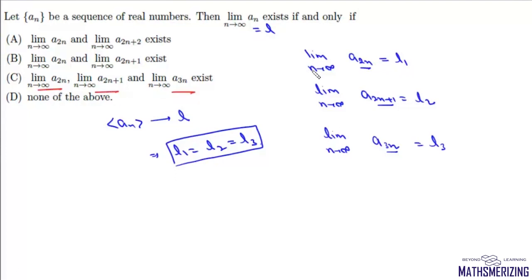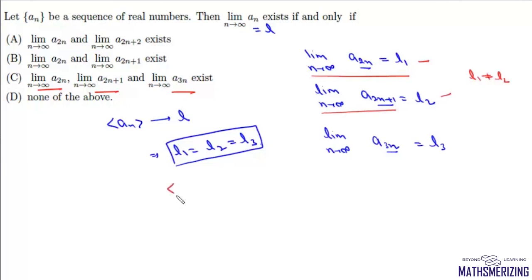Now suppose limit as n tends to infinity of a2n converges to L1, and the limit of a2n plus 1 converges to L2, and suppose L1 is not equal to L2.